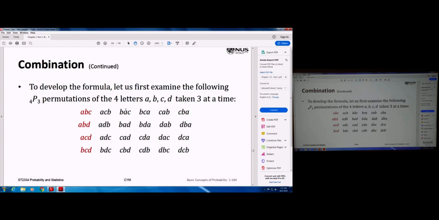The number of permutations is n factorial over (n minus R) factorial, which is 4 factorial divided by (4 minus 3) factorial, so 1 factorial. That gives 24 possible permutations, and they're all written down for you.